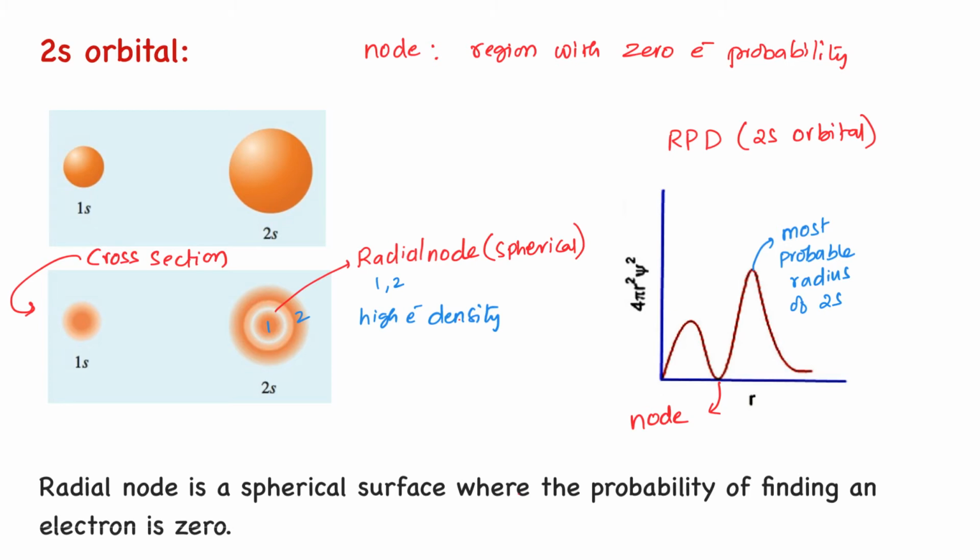This is another way to identify a node, which is by looking at the radial probability distribution plot. The number of nodes is equal to the number of times the radial probability becomes 0. The radial probability is 0 at the nucleus, but it is not counted as a node.